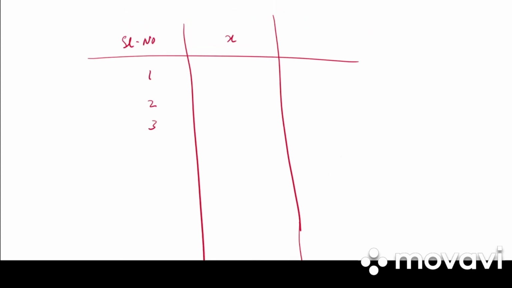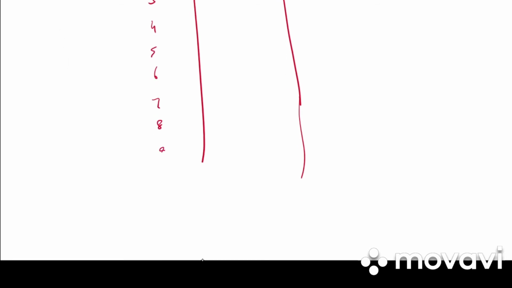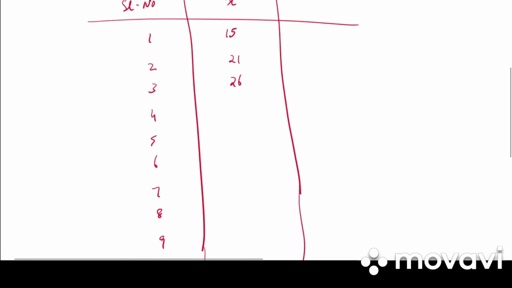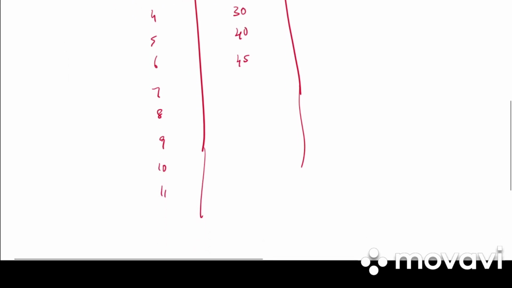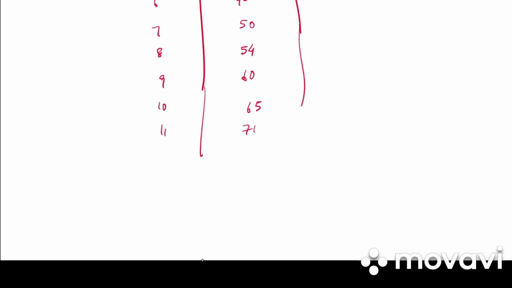So 11 values are given, 1, 2, 3, 4, 5, 6, 7, 8, 9, 10, 11. We need to arrange the data in ascending or descending order. So the smallest number first is 15. Then we have 21, 26, 30, 40, 45, 50, 54, 60, 65 and 70.